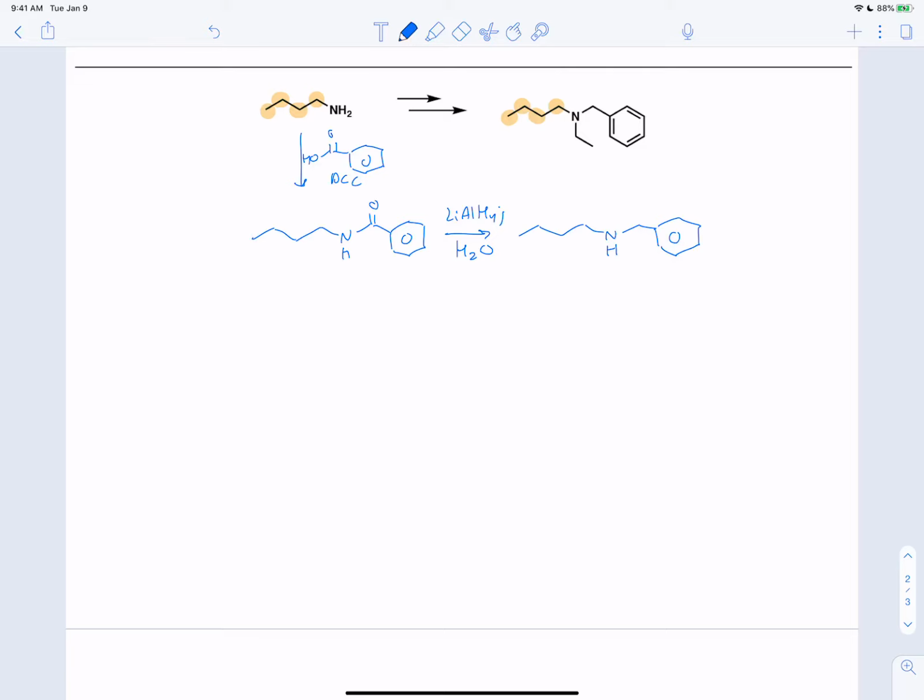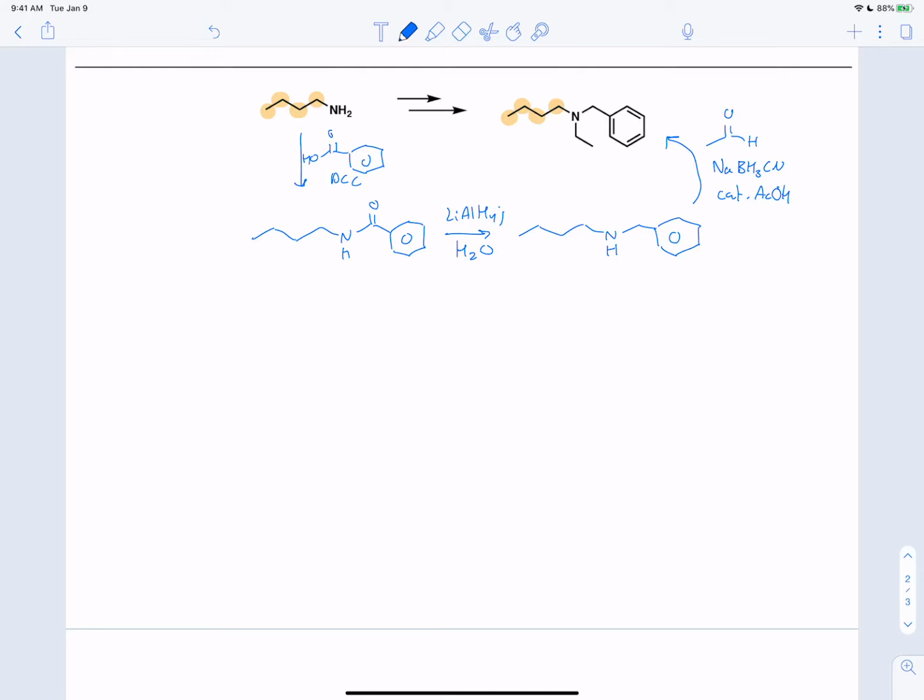To introduce this last group, we can now switch back over to the reductive amination technique using acetaldehyde, again sodium cyanoborohydride, and catalytic acetic acid.